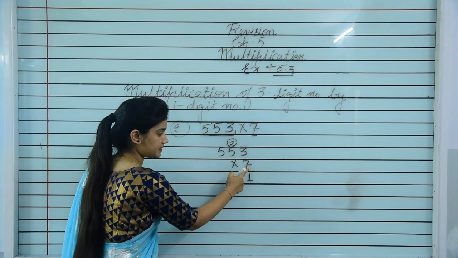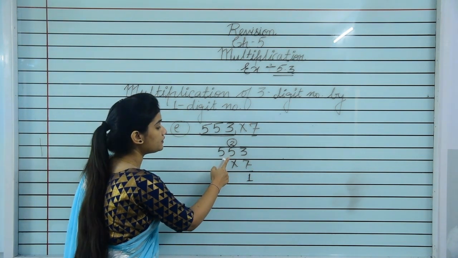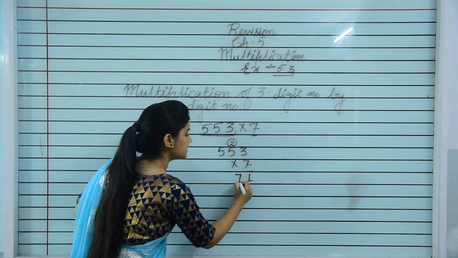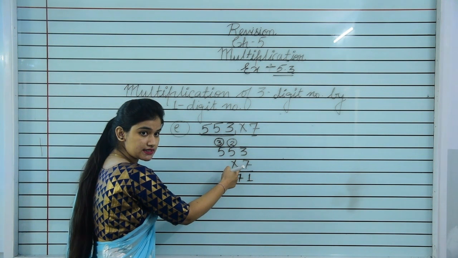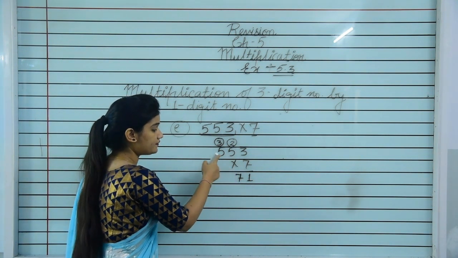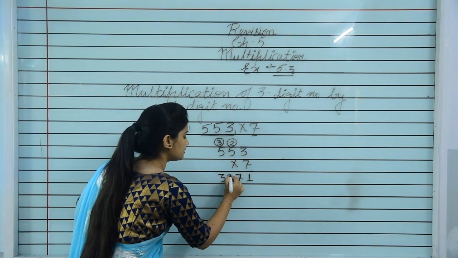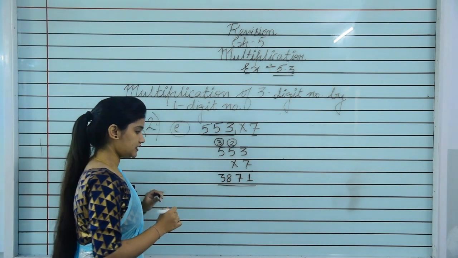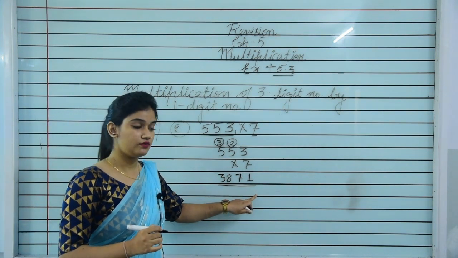Then we multiply 7 by 5, and 7 5s are 35. 35 plus 2 is 37. We carry over 3. Then we multiply 7 by 5, and 7 5s are 35. 35 plus 3 is 38. And the answer is 3871.